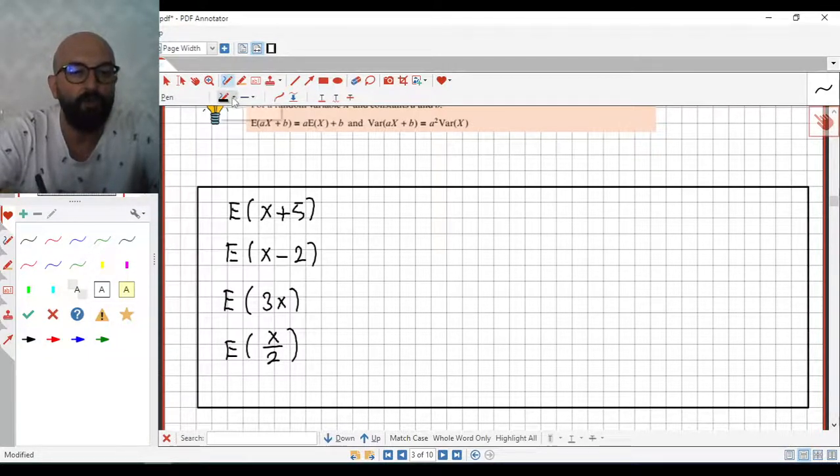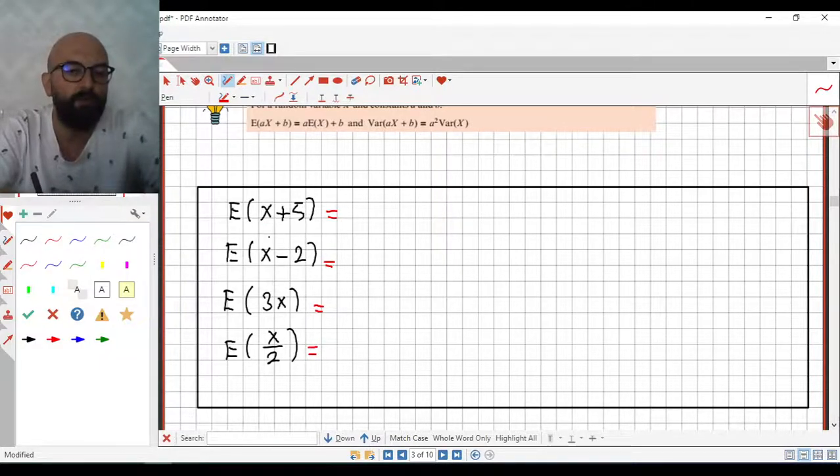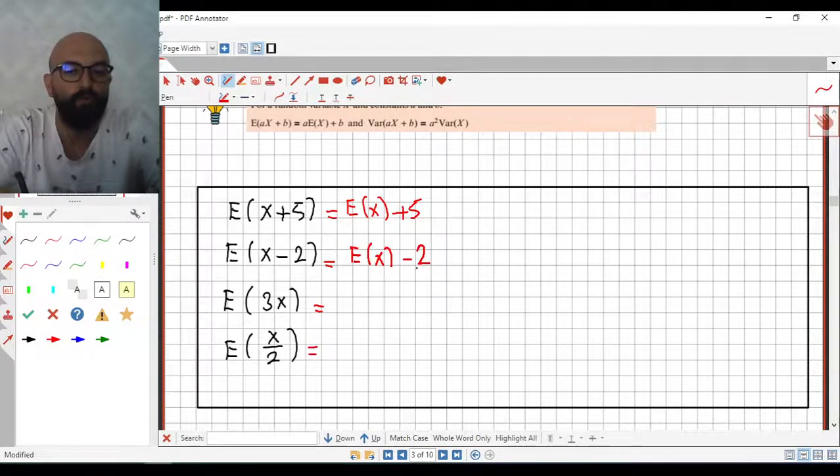If you want to compute these values, you should compute the expected value of X plus 5, the expected value of X minus 2, 3 times the expected value of X, and 1 over 3 times the expected value of X.